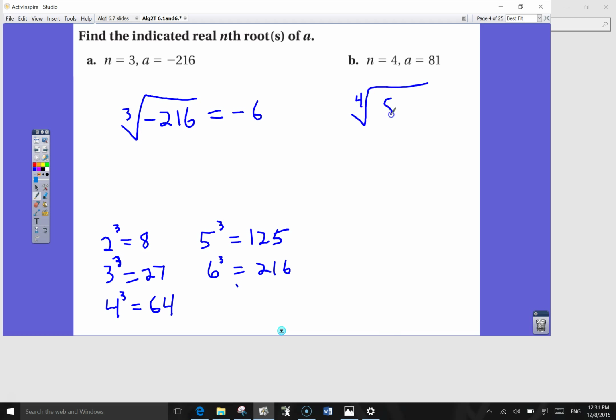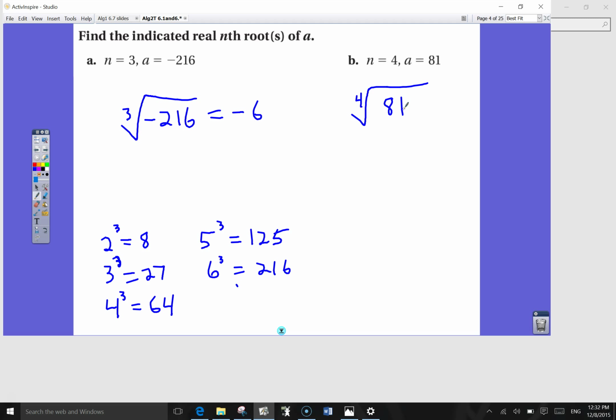Okay, and here I have the fourth root of 81. Since it's an even root, I have to remember to put plus or minus. Most of us don't know the fourth powers beyond the first few, because they grow so fast. 2 to the fourth is 16, and 3 to the fourth is 81, and 4 to the fourth is 256.